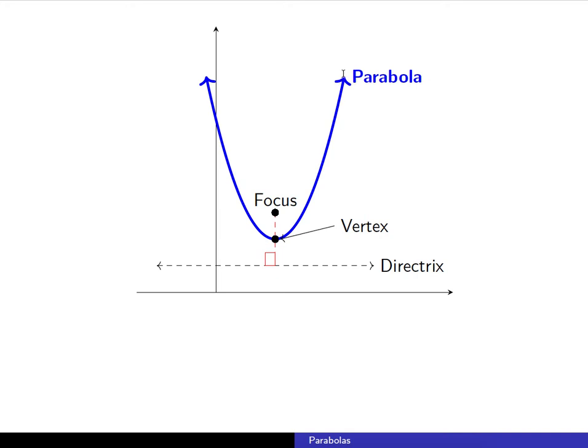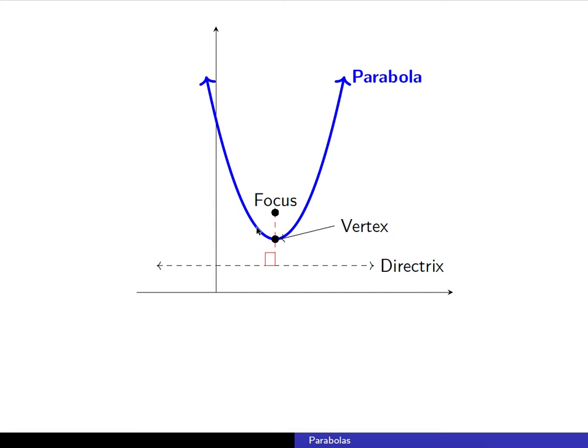What that definition means is that if you take any point on this blue parabola curve, whatever this point is, if we measure the distance from this point to the focus point, it's going to be the same as the distance from this point to the directrix line, and it's going to be the same for everything else.